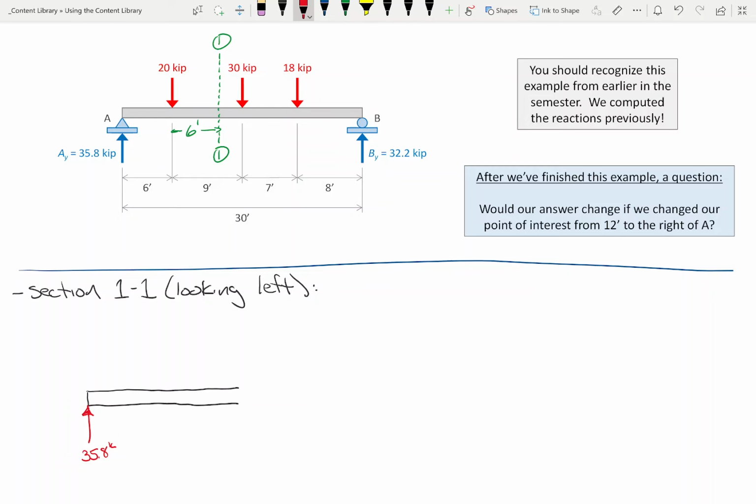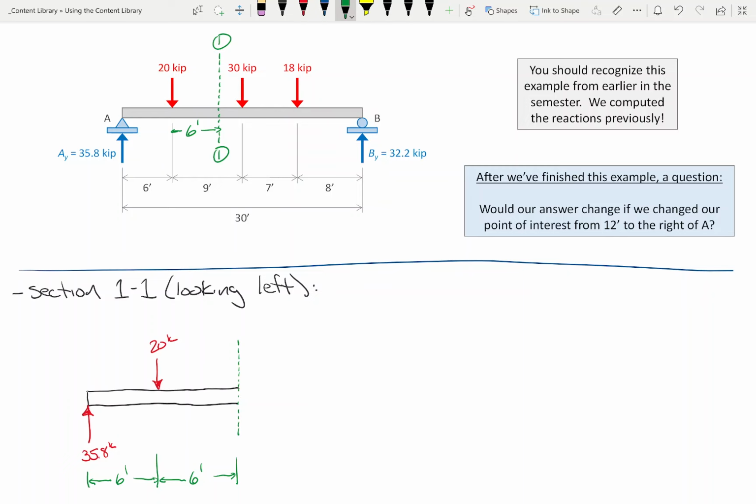Because at this point in the problem, I do know that that's 35.8. That's 20 kips. And this is where I cut the section. And this distance is 6 feet. This distance is 6 feet. Okay?